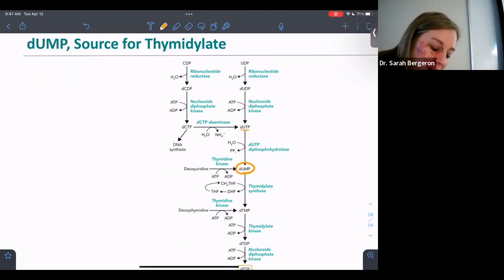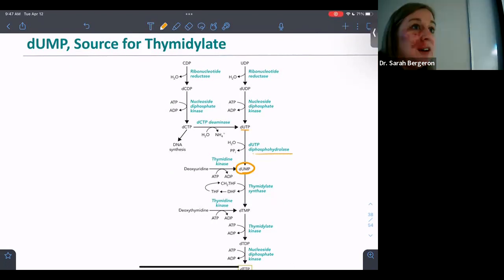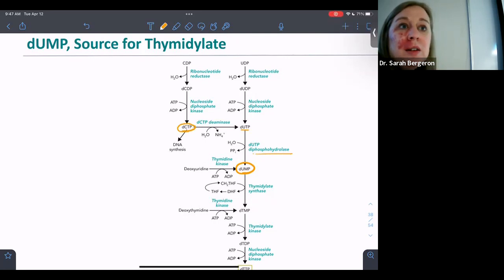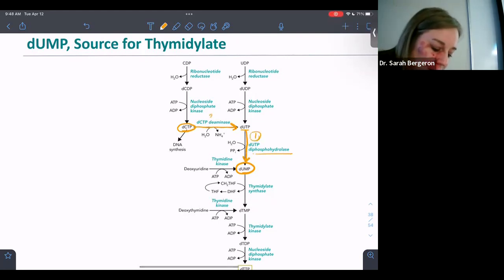If we have the triphosphate, we can simply remove one phosphate with a phosphohydrolase, and now we have DUMP, right? That one's okay. You could also deaminate cytosine, right? So we have DCTP, we deaminate that to DUTP. Now we can convert DUTP to DUMP. So here's our first one. Here's our second one.